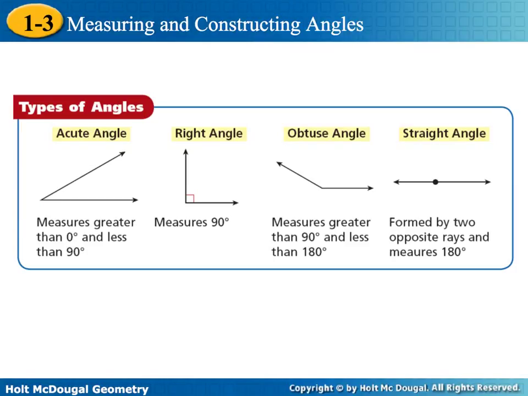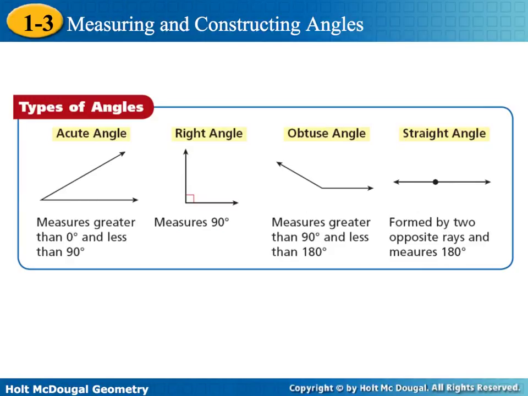These are the 4 different types of angles. These are going to be very common. You will see these probably until your semester of geometry ends. The first one is called an acute angle. It measures between 0 and 90. The next one is a right angle. It only measures 90 degrees. So notice the difference between an acute angle.